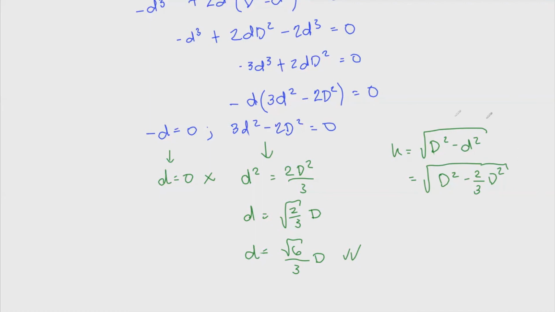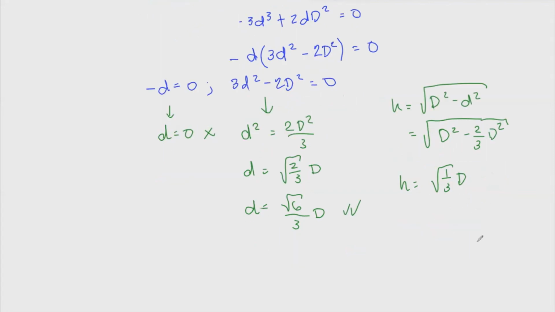So it simplifies your computation, and then this only means that you could just subtract d squared minus 2/3 d squared, and that's just 3 over 3 minus 2/3, so that's square root of 1/3, and then we have d on the outside. So we can also rationalize this into square root of 3 over 3d.